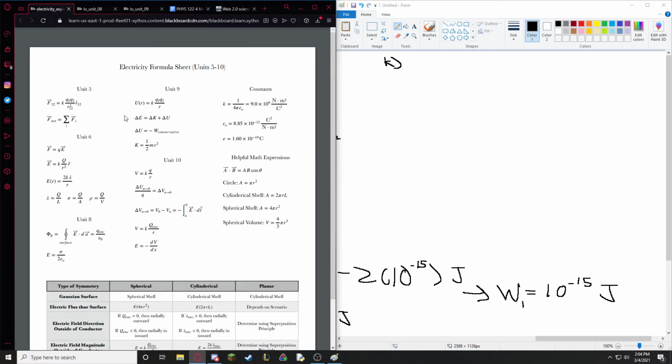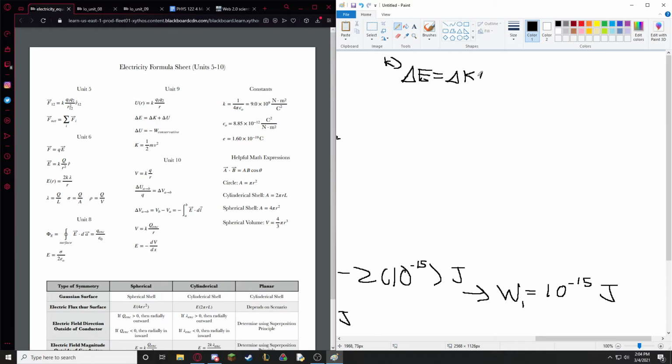And what is our total change in energy, delta E? 0. Yep, exactly.